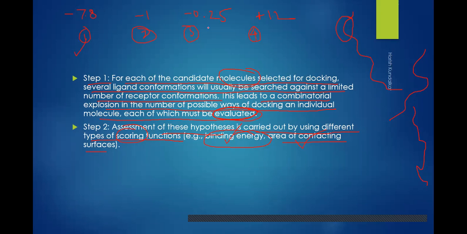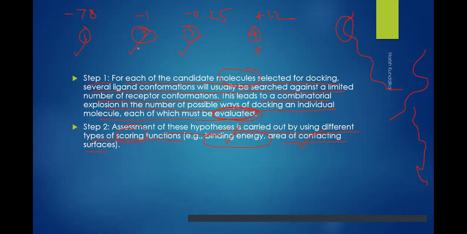Minus 1 is better than minus 0.25, so this is the second best binding molecule, and this is the third best. And this is plus 1.2. Plus indicates that there is no binding at all, right? Although the ligand may come nearer to the receptor's active site, it may not bind. It may just have a few interactions and be repelled away. So a plus value indicates that this molecule is not binding at all. All right.